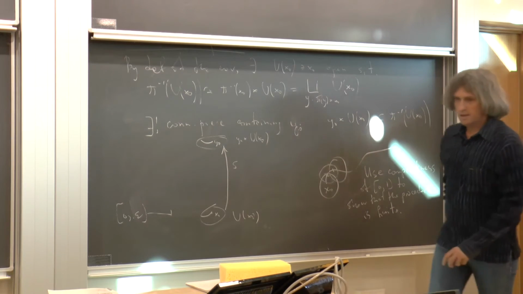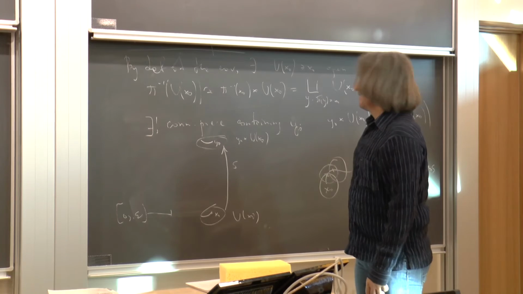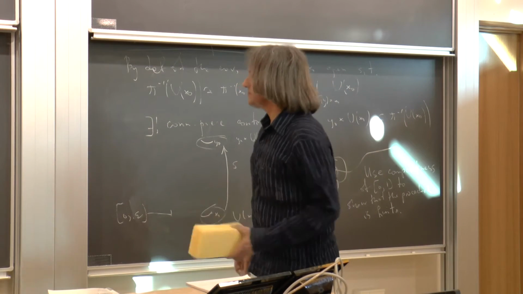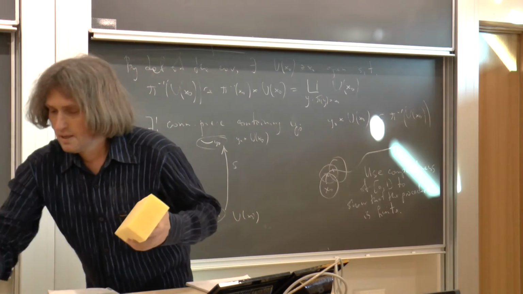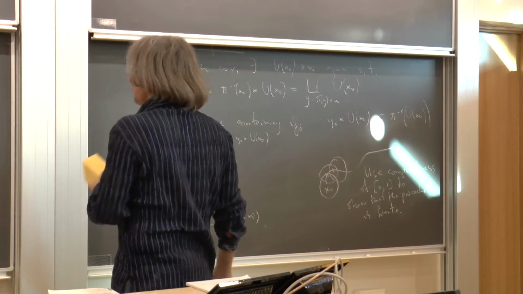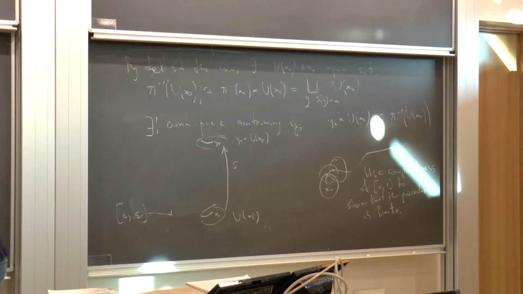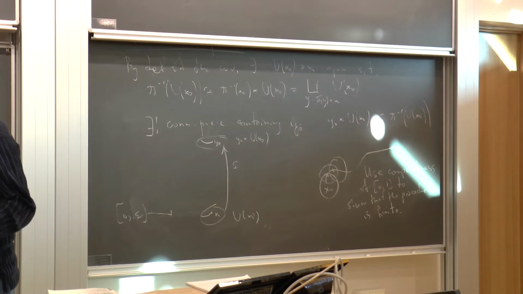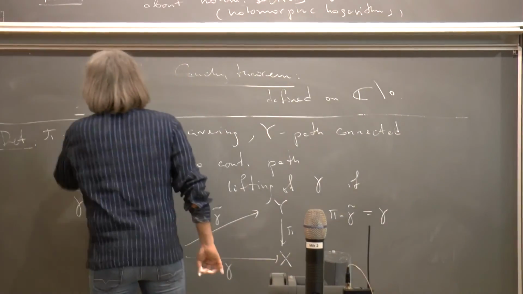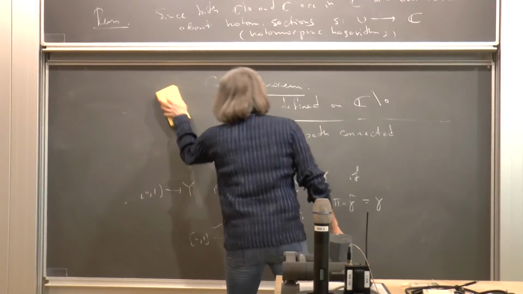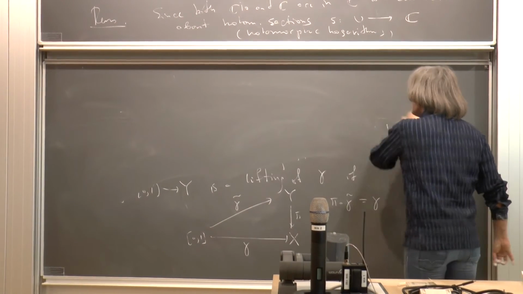There's one more thing. I won't prove more of this theorem, although on Thursday we'll see that exactly the same consideration proves the existence of branches of argument, of logarithm, and so on along paths.